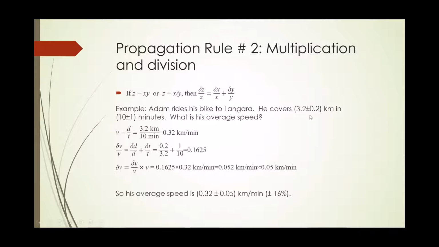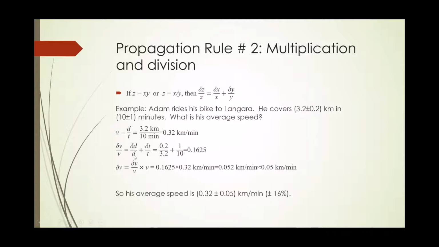The distance is measured, the time is measured. To calculate the average speed, you use distance over time. But to calculate the uncertainty, you cannot add 0.2 kilometers with 1 minute because they don't have the same units. But the relative uncertainty has no units, so you can add them up.